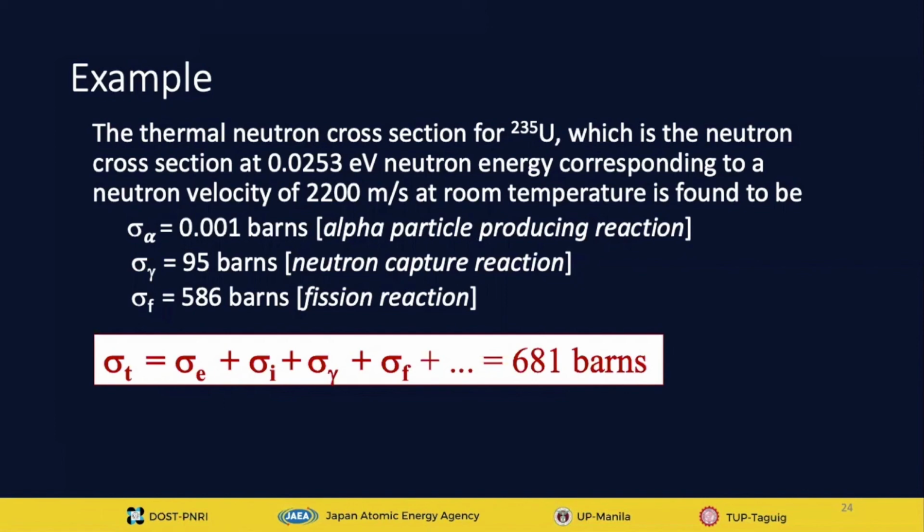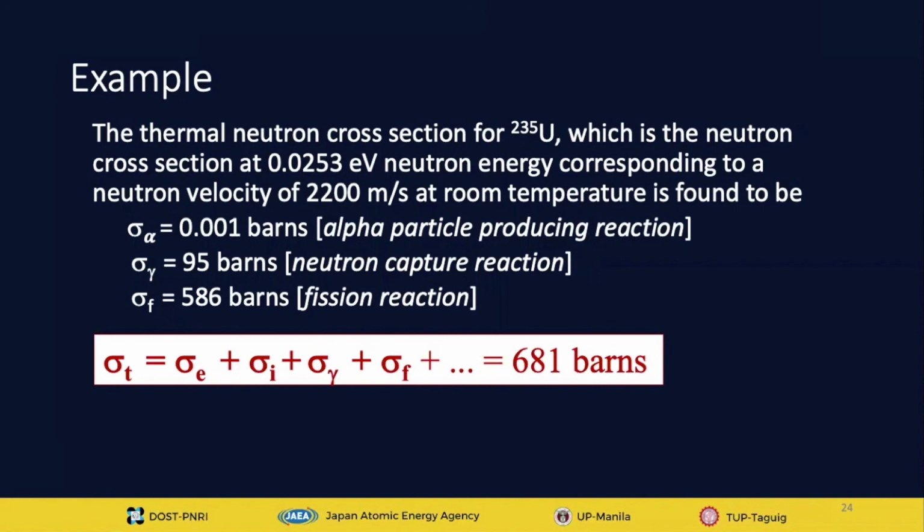As we have mentioned before, cross-sections are probabilities of interaction. So what is the likelihood, for instance, of a neutron capture reaction to occur when a uranium-235 atom is bombarded with a neutron of energy 0.0253 electron volts?